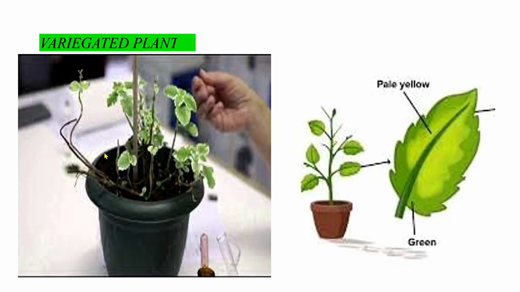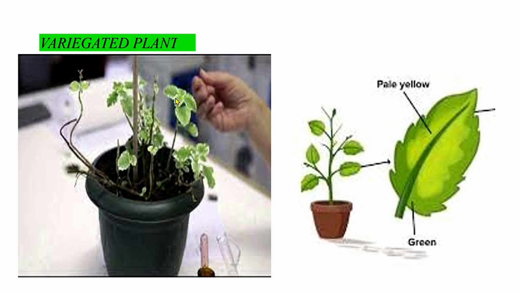So, our next activity is to show that chlorophyll is necessary. The green colored part of the leaf contains the chloroplast, which contains chlorophyll pigments helpful for photosynthesis. For that we have to take two types of plants. First one is a variegated leaf, like a cotton leaf.